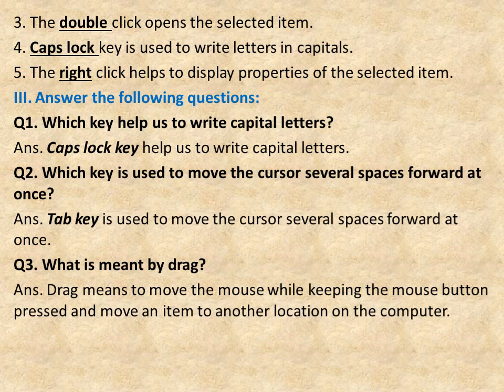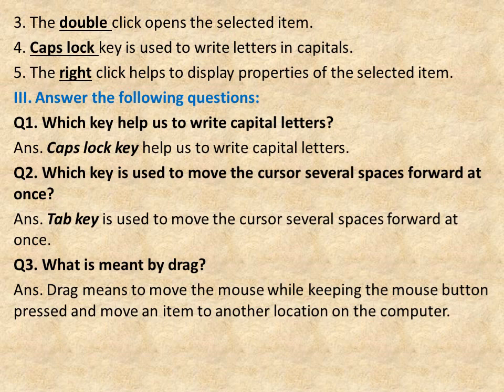Now see the third one. The dash click opens the selected item. Double click. Fourth is dash key is used to write letters in capitals. Caps lock key. Fifth is the dash click helps to display properties of the selected items. The right click.